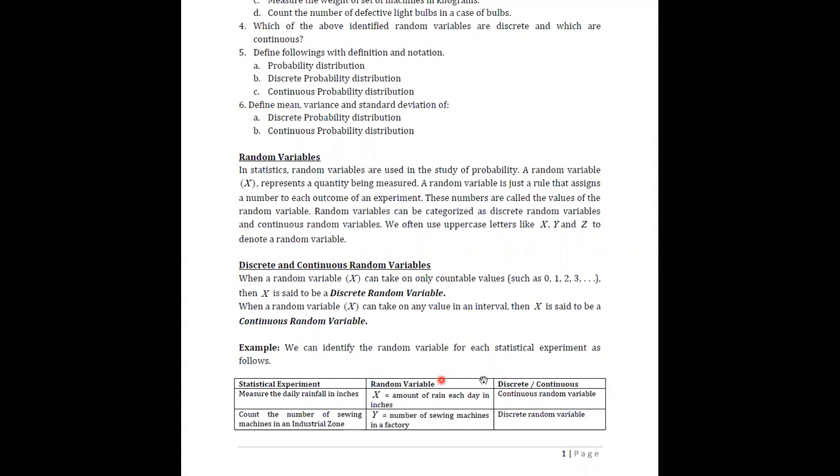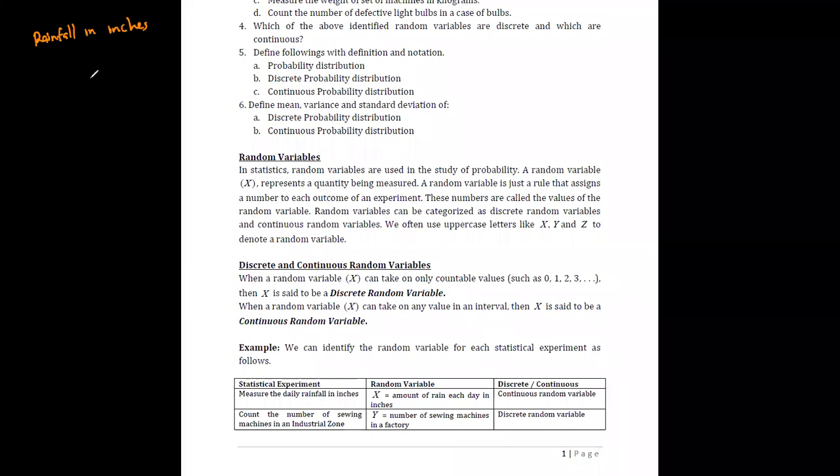It will be your random variable, since it is the quantity that you are going to measure. And to see whether the variable is discrete or continuous, you can think in this way. Now think about measuring the rainfall in inches.